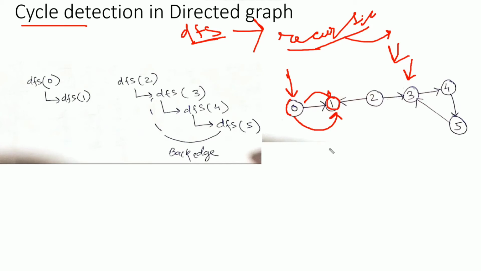So this is the DFS algorithm. From vertex 0, we found vertex 1 unvisited. We left vertex 0 and now we are in vertex 1. Now from vertex 1 there is no possible choice available, as there is no adjacent vertex connected to vertex 1.